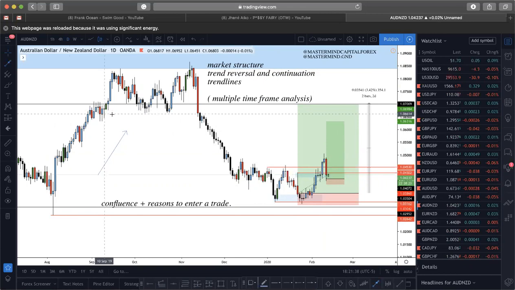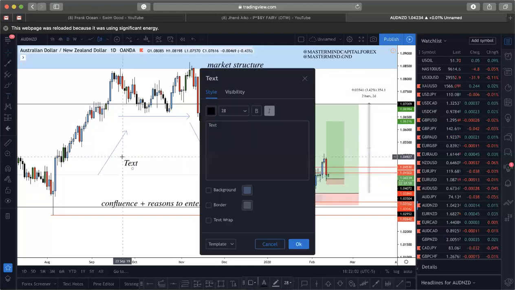When it moves sideways, it moves sideways in a consolidation or box. And then when it moves down, it's in a downtrend, right? We know that an uptrend is made out of higher highs and higher lows, right? And we know a downtrend is made out of lower lows and lower highs, right?